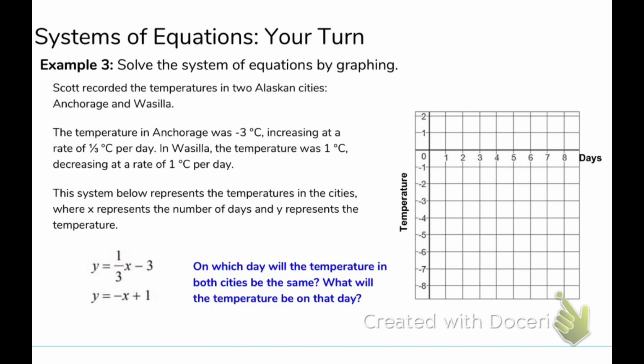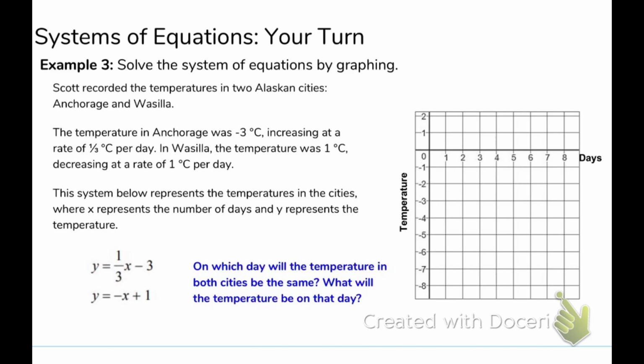In Wasilla, the temperature was 1 degree Celsius, decreasing at a rate of 1 Celsius per day. The system below represents the temperature in the cities, where X represents the number of days and Y represents the temperature. So we know the X value is the days and the Y value is the temperature.